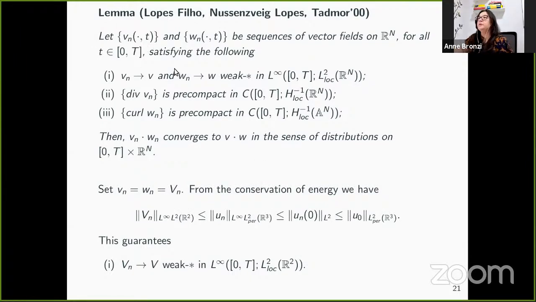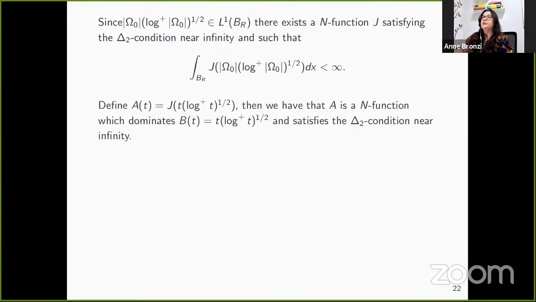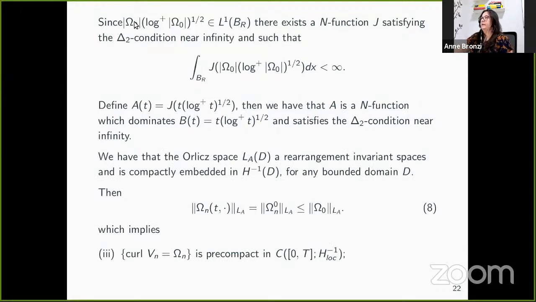So the first condition that we needed to verify is that the velocity field converges weakly in L2, but this comes from the conservation of energy. Then the condition that the initial data is in L log L to the half, we obtain, and using that this Euler's space is a rearrangement invariant space, we have the boundedness of the vorticity in this space.